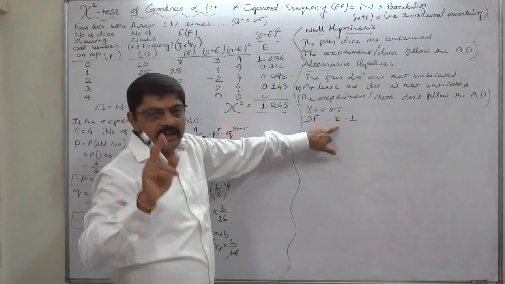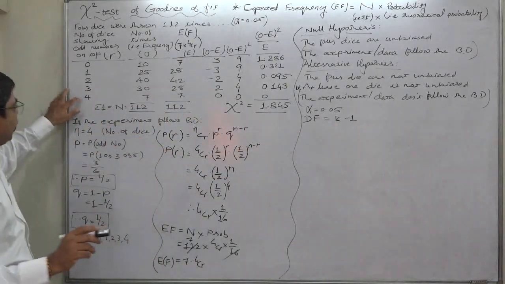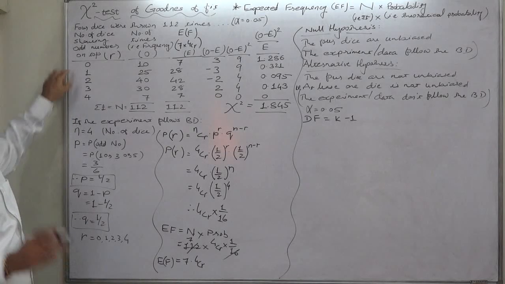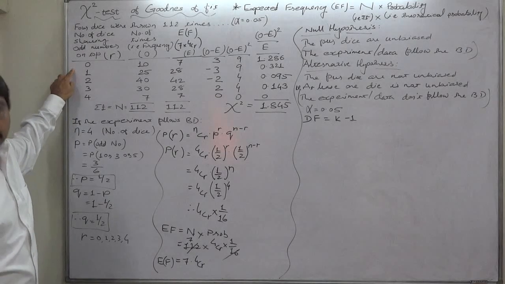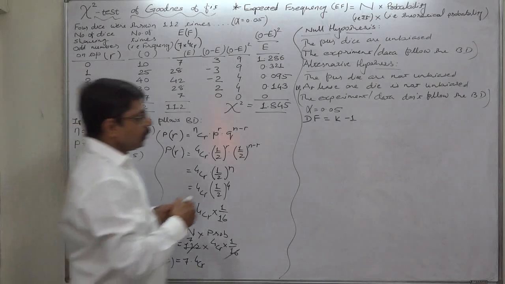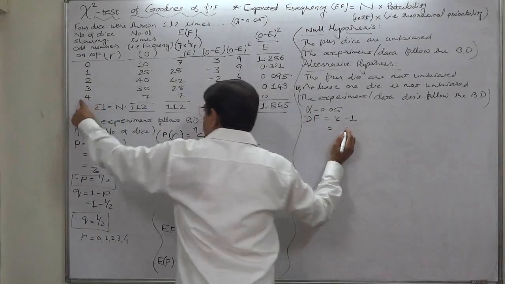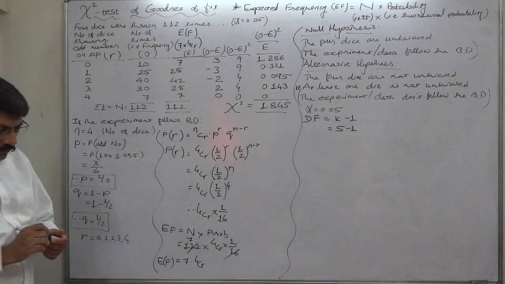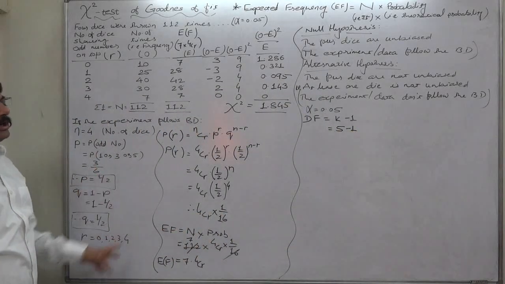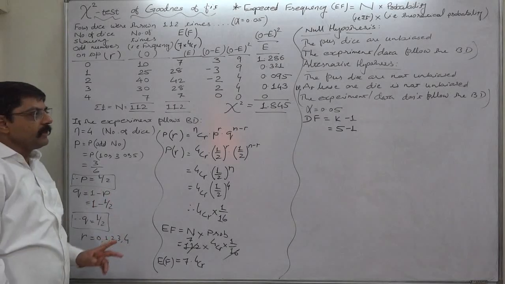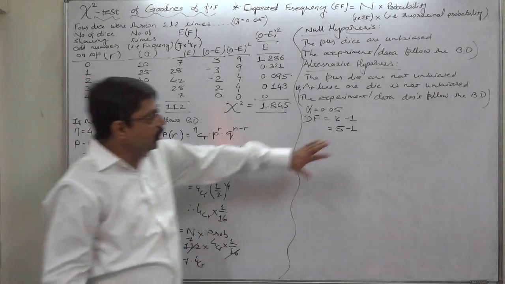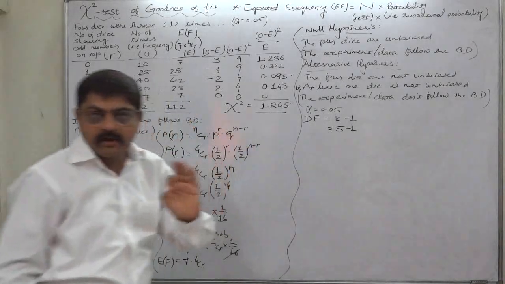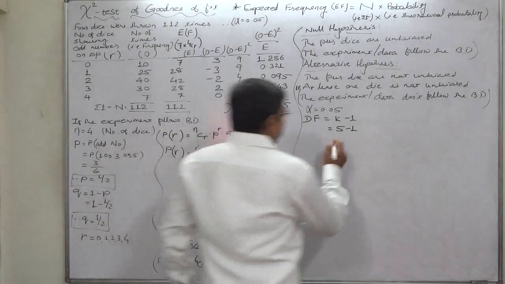We should not take 4 here. We are not taking the highest value. We are taking the number of class, all possible outcomes of the experiment. So, k is not 4 in this case, k is 5 in this case. Whenever you perform the chi-square test of goodness of fit for binomial or Poisson distribution, always take care whenever you write the degrees of freedom. Okay, it is 4.